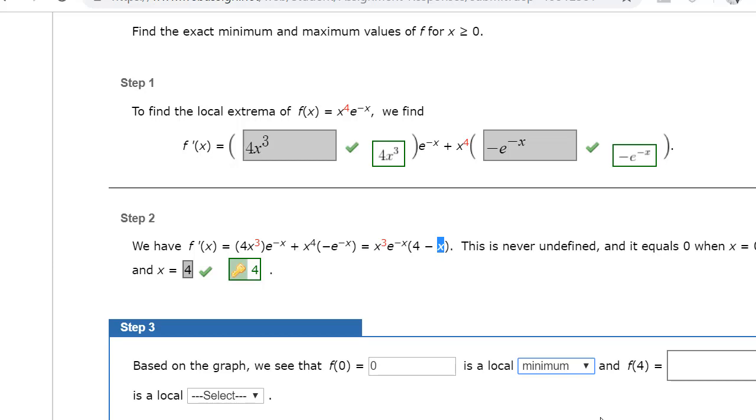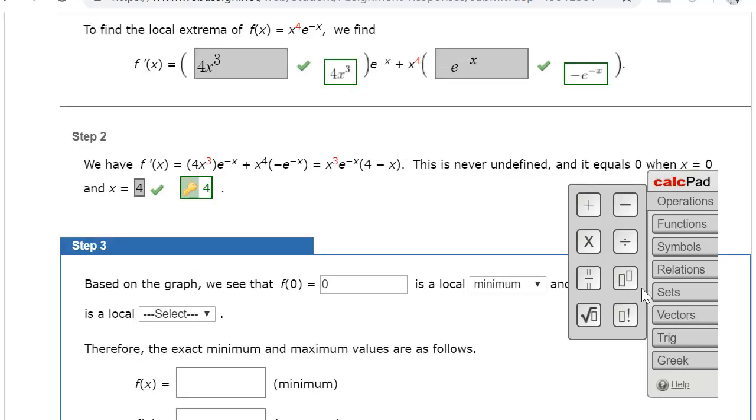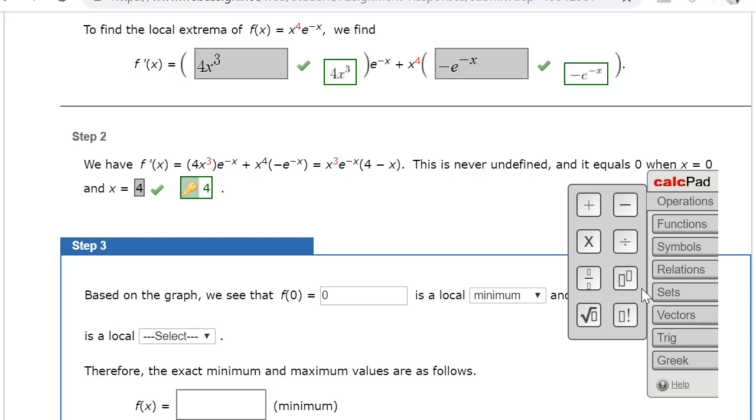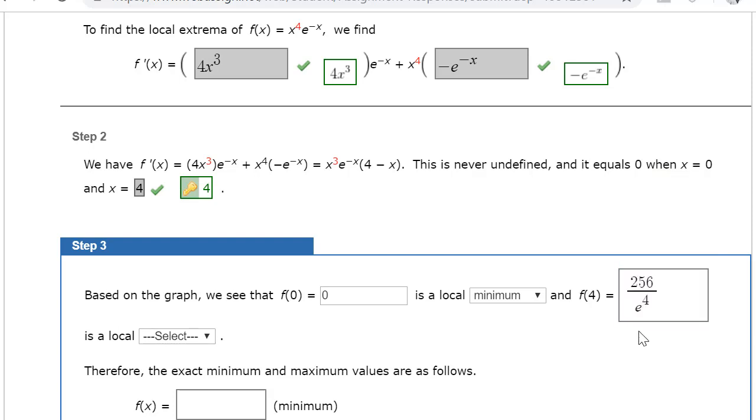The next part of this question is asking us to figure out what f of 4 is. So we need to put 4 into this function. So if we put 4, 4 to the fourth is 256, and then we're multiplying by e to the negative 4, and so that's the same thing as dividing by e to the fourth. So this is like 256 times e to the negative 4, or 256 divided by e to the positive fourth.